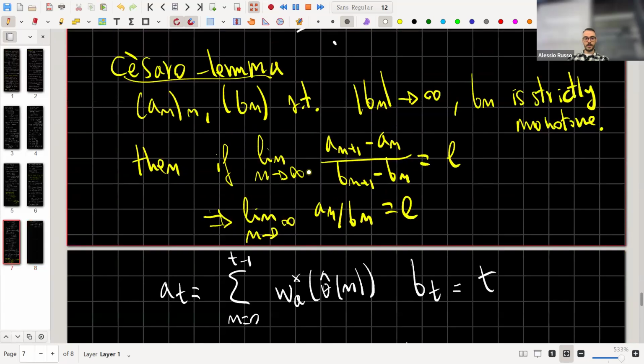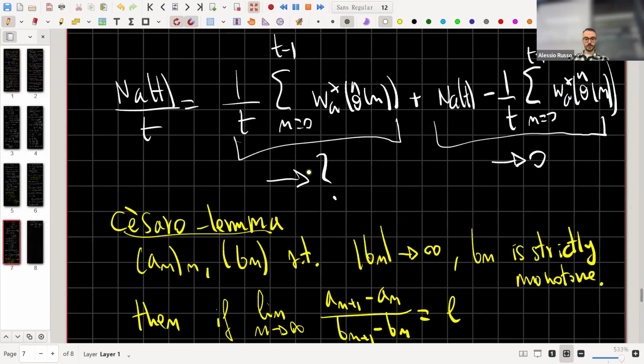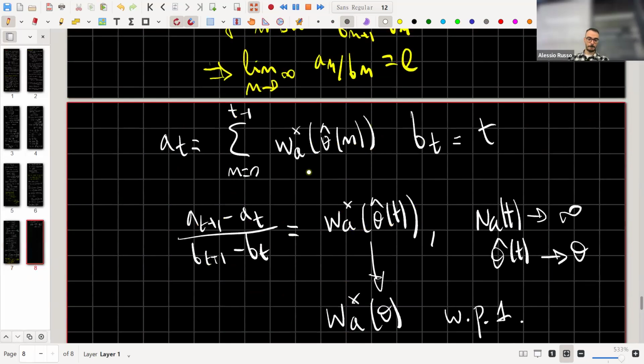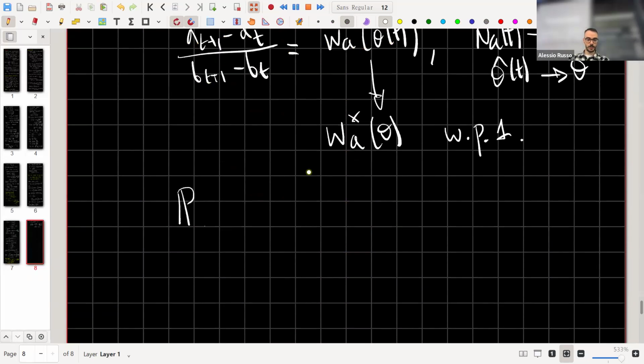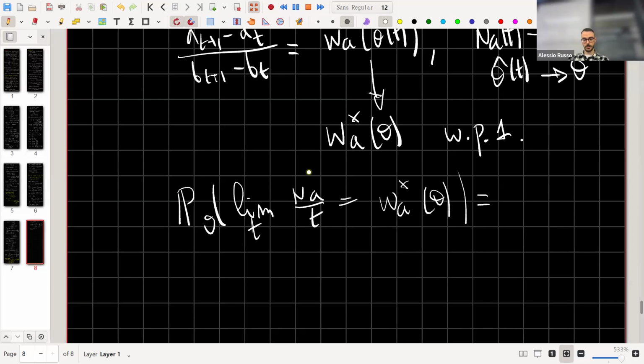So because of the Cesaro lemma, we have just shown that this quantity converges to WA star of theta with probability 1, which is what we wanted to show. So our statement is that under the C-tracking rule, we are converging to the optimal location.